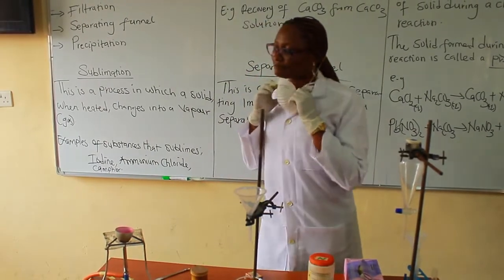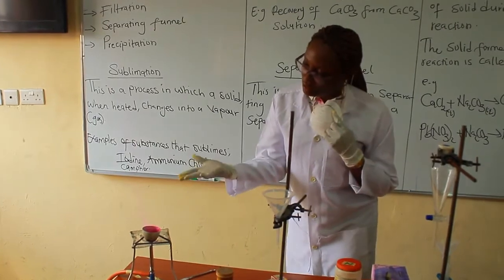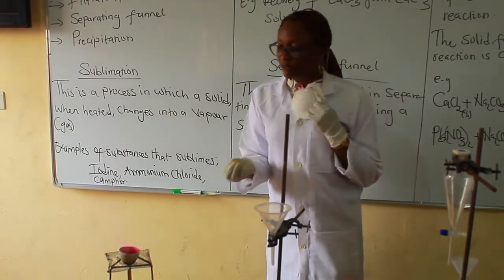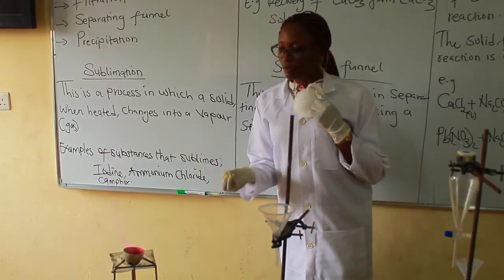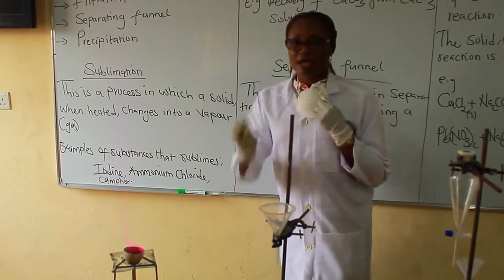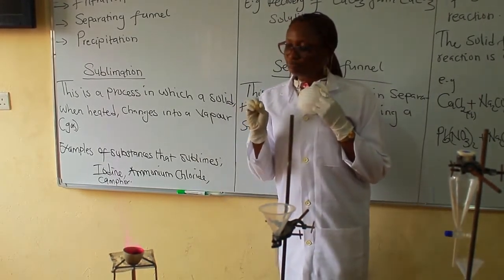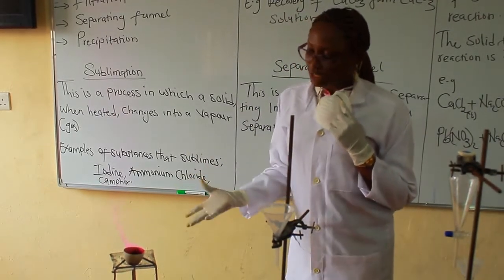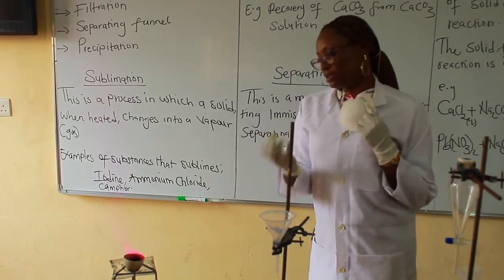Look closely, you will see that there is purple vapor. That's gas. You can see that the iodine itself is being converted to a purple gas. Iodine was solid, and now we're having purple gas coming out. This is a typical sublimation technique.